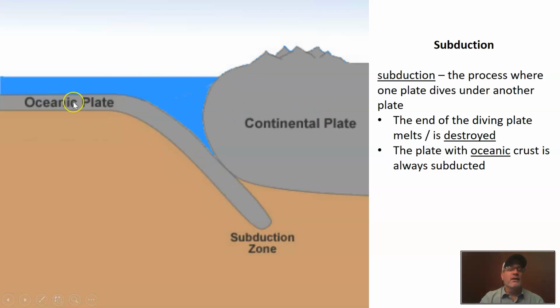So a plate with oceanic crust on it will always dive under a continental plate. If we have a convergent boundary where we have two oceanic plates, then it's going to be the older of the oceanic plates that will dive under, and that's because it's slightly more dense. Let's keep looking. So subduction, that's just where one plate dives underneath another plate.